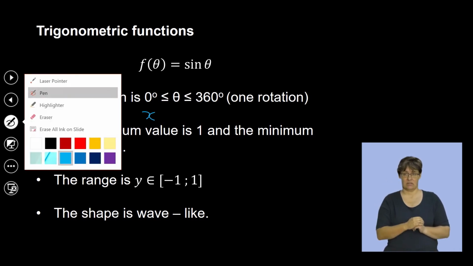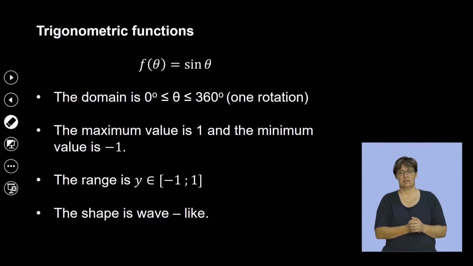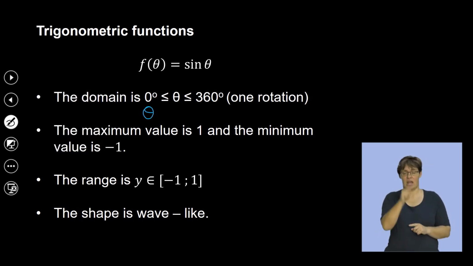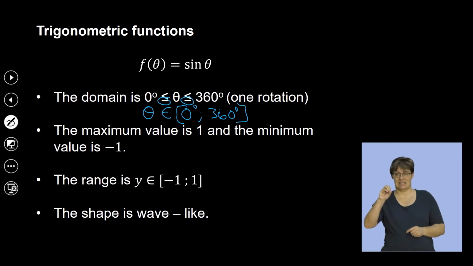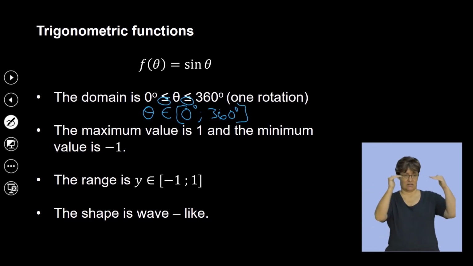But if I write it in the way that I showed you when we're starting this, I will say theta is an element of, so remember, because of that bar, it means that the 0 and the 360 are inclusive. Therefore, this will be 0 degrees to 360 degrees, including the 0 and the 360 degrees, right? So that's where we use your square brackets.